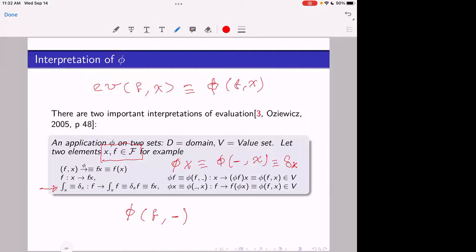But I am not saying that x and f are elements of reals or complex numbers. I am saying here that x and f are elements of a scalar field of functions.